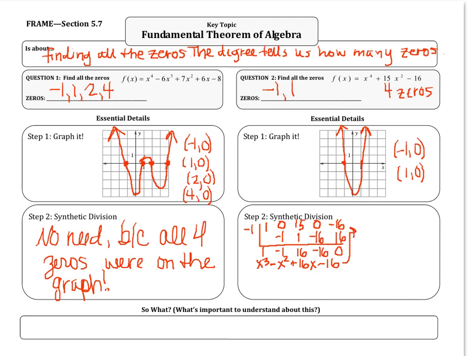So I'm going to use positive 1 now. My first coefficient of x to the 3rd is 1. My second is negative 1. My third is 16. My fourth is negative 16. So those are my numbers. Let's use synthetic division here.